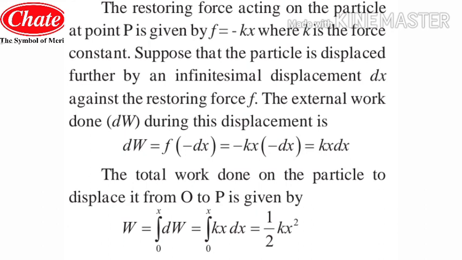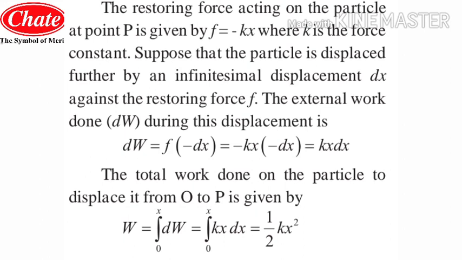Thus suppose that the particle is displaced further by an infinitesimal displacement dx. Against the restoring force F, the small amount of external work done during this displacement will be given as dW is equal to F into minus dx, which is equal to minus kx, as we put the value of F as minus kx, into minus dx. So minus minus gives plus, and the final value will be kx dx.